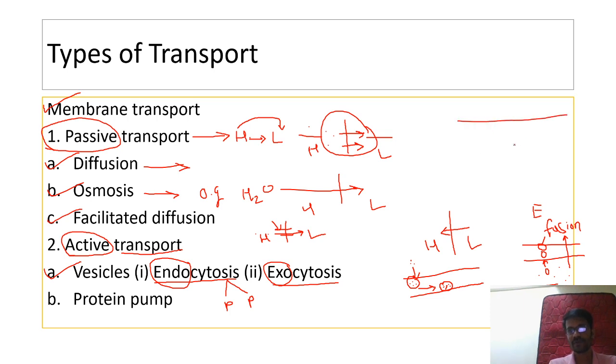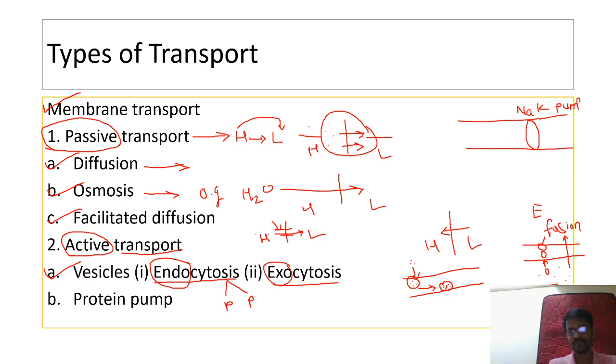And the last one, active transport, is also carried out with the help of protein pumps. The phospholipid bilayer consists of specialized proteins, which we can call pumps, such as the sodium potassium pump. This sodium potassium pump is involved in many mechanisms, but here we discuss only generalized mechanisms.